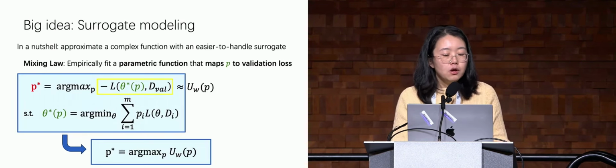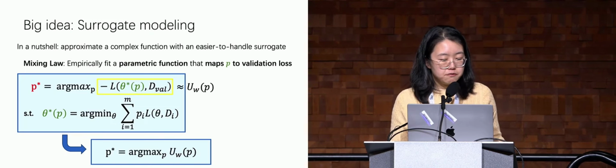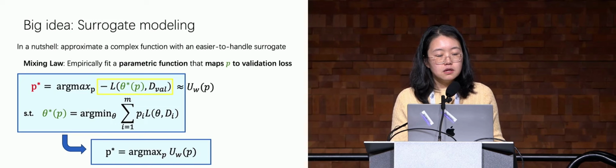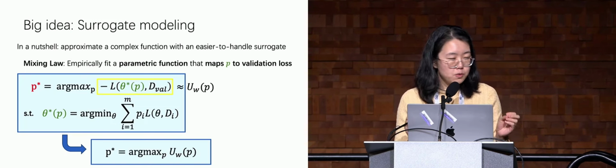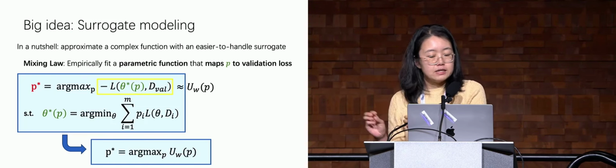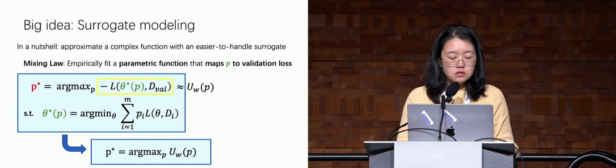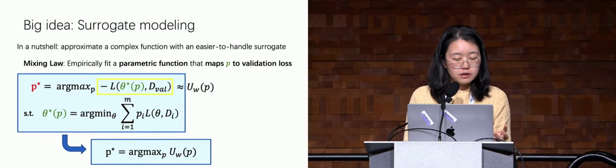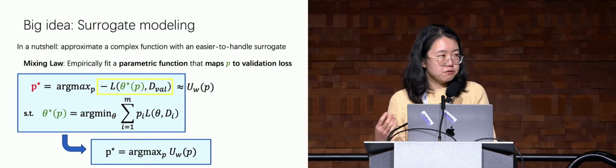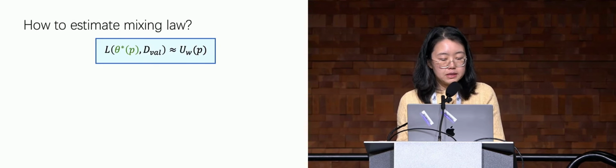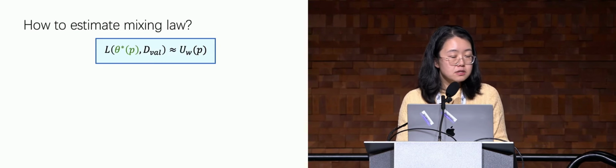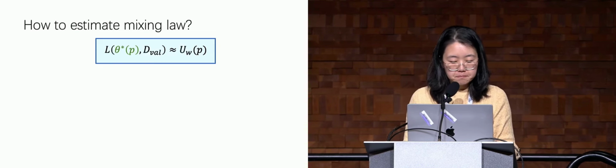In particular, we are going to fit a parametric function, which I will call the mixing law, that maps the mixing ratio, or the weight P, to the validation loss. So we're going to replace or approximate this complex objective with some simple parametric function, u subscript w of p, where w represents the parameters of this function.